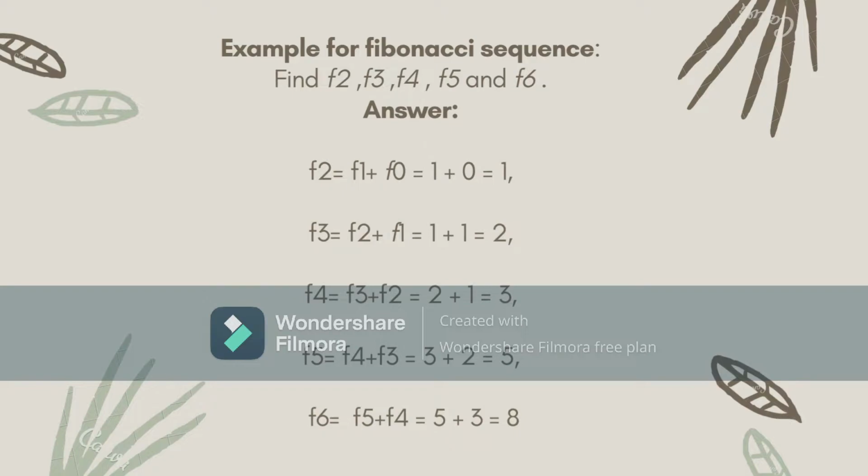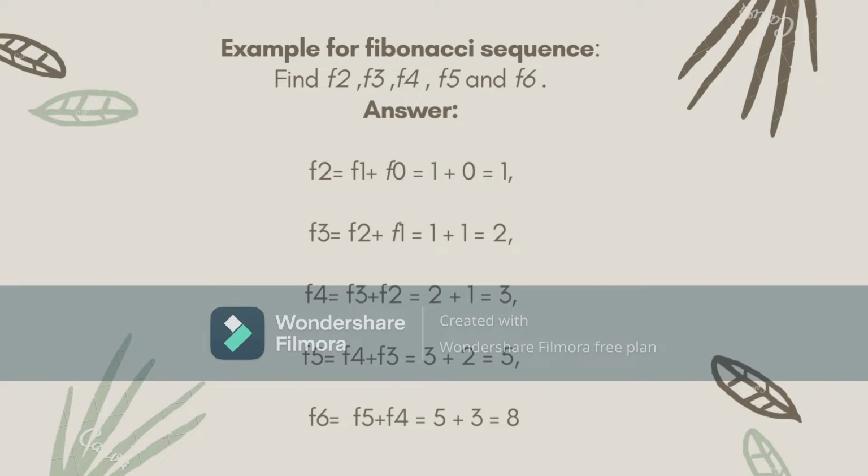To find F_2, based on the formula, F_2 = F_{2-1} + F_{2-2}, which gives F_1 + F_0 = 1 + 0. So the value of F_2 is 1.